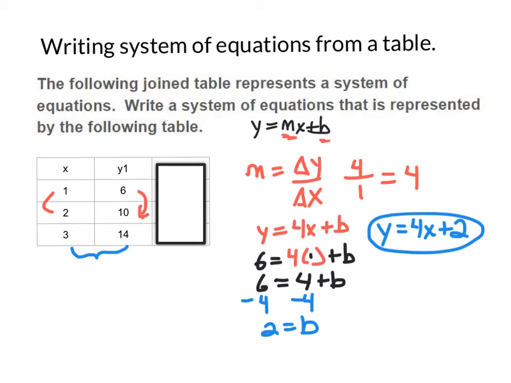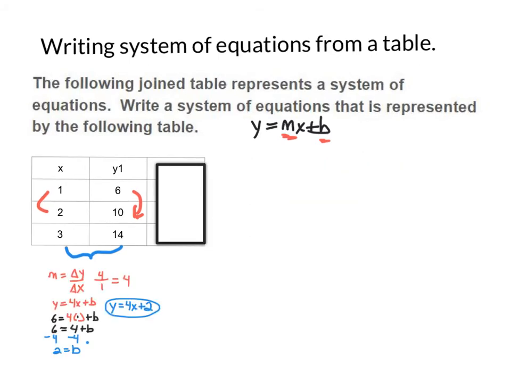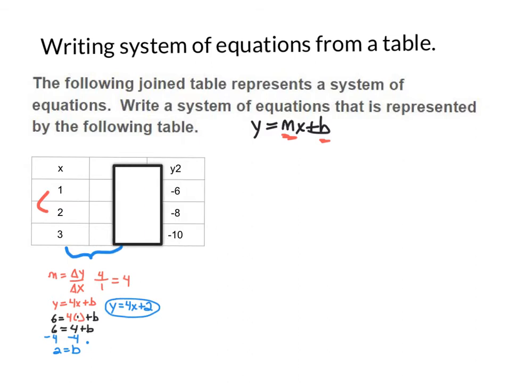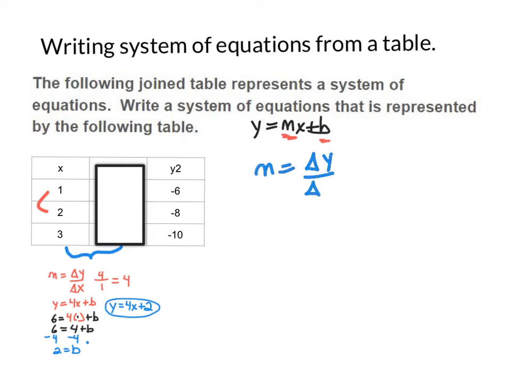Okay, so I've taken that work and I've just shrunk it down over here. So now I'm going to work with the second table. Our change in x is not going to change, but again, we're trying to find slope. So just as a reminder, our slope is equal to the change in y over the change in x.